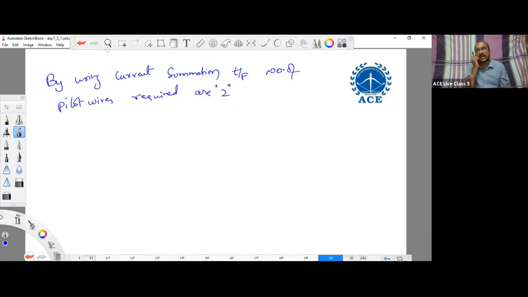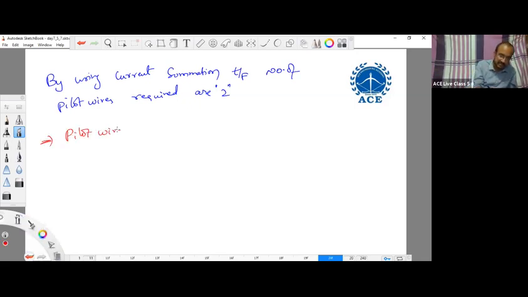I have said that if the length exceeds 10 kilometers, pilot wires are not preferred. Then what will they use? Carrier current communication. Pilot wires are feasible up to 10 kilometers length.